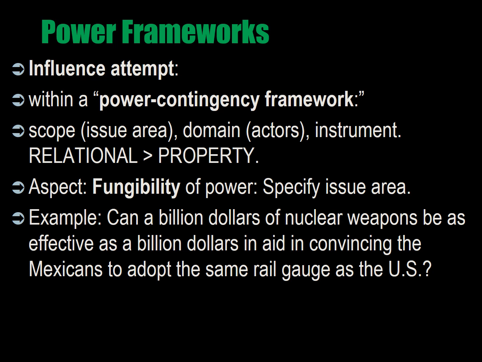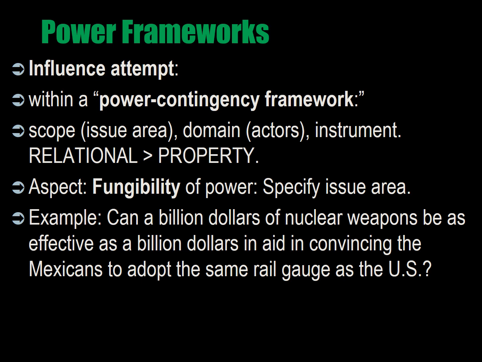Now, when we make an analysis of the exercise of power, we do it within a power contingency framework. And we call this application of power an influence attempt. Now, in an influence attempt, we have to specify different aspects of that attempt. First of all, the scope.